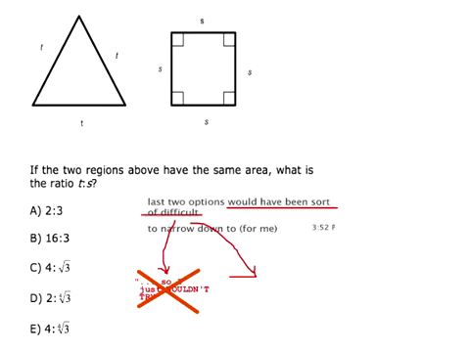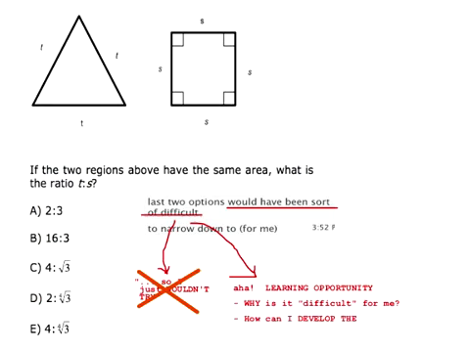What you have to do is you need to be like, aha, learning opportunity. Why is it hard? That's the first thing you need to figure out. And then, how can I develop the appropriate skill? Because what's weird about this is, honestly, it's weird to me that people go from here to here.